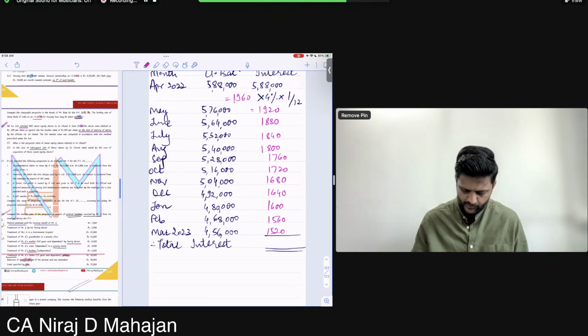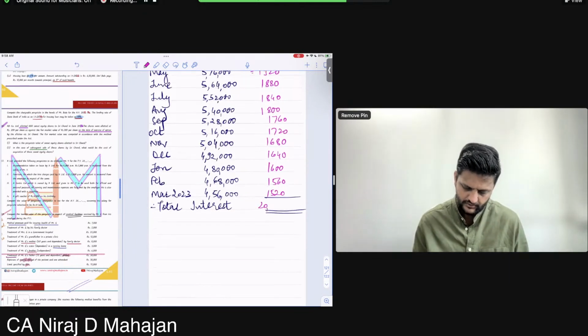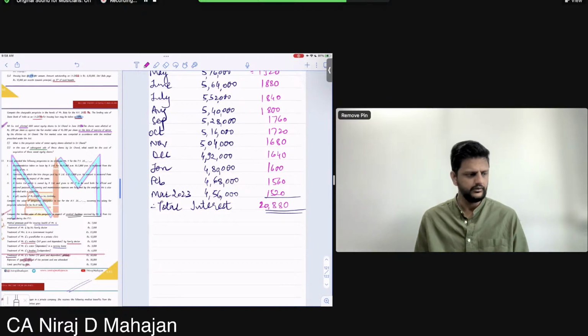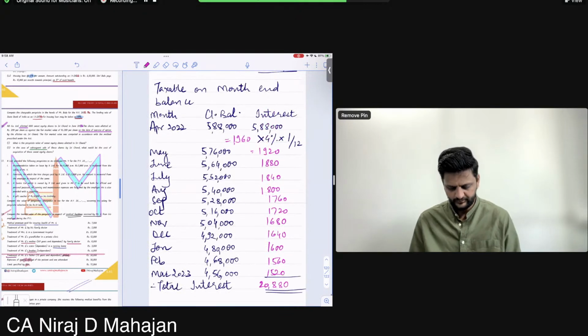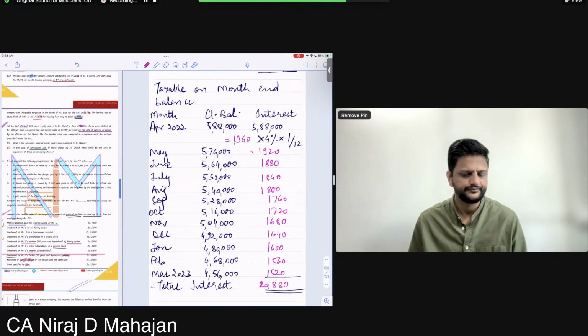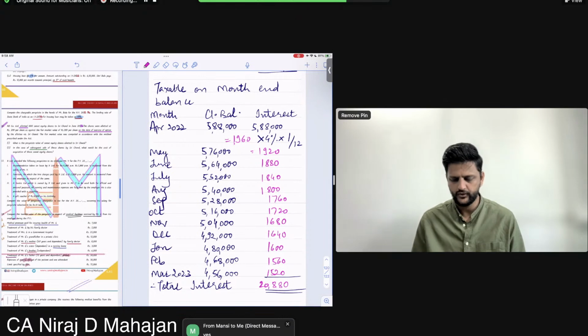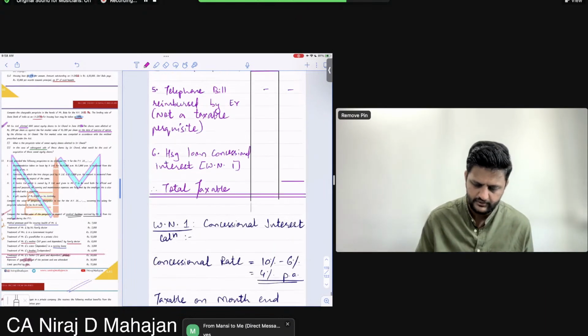Yes. Total comes to 20,880. Is it right? Tell me. 20,880. Chalo, take that in the main figure.